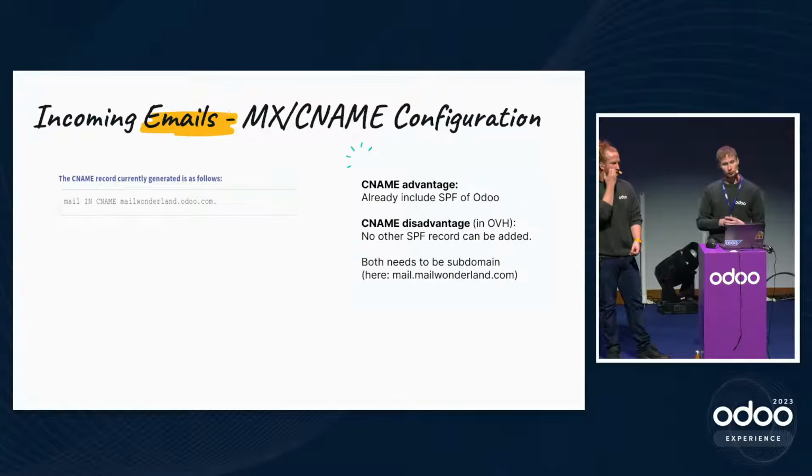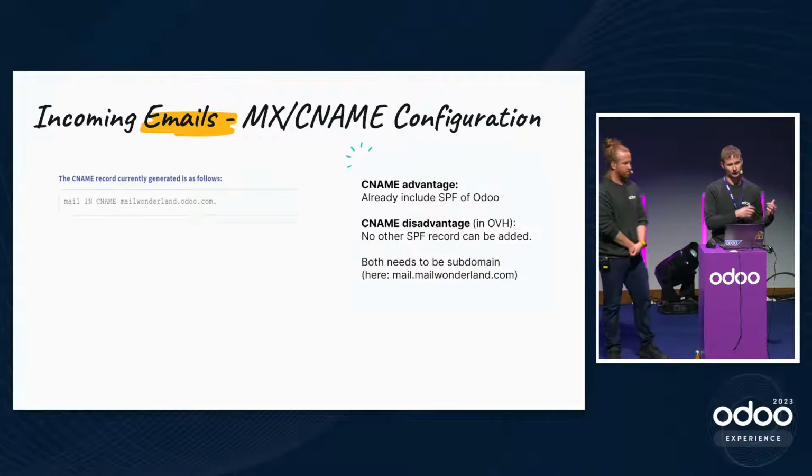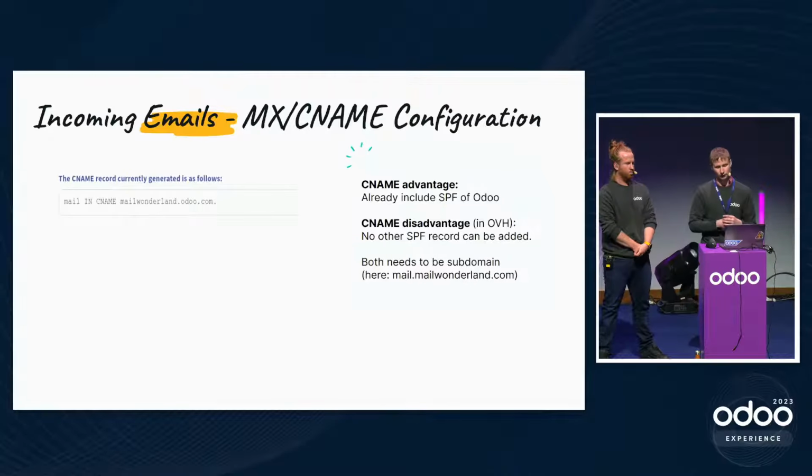So that's why we won't use this configuration in our case. We will look at the MX. Why? Because we will show you how to configure an outgoing mail server for the mass mailing and another one for Odoo transactional email. So if you have several email servers and you are not able to add an SPF record, you will have an issue.